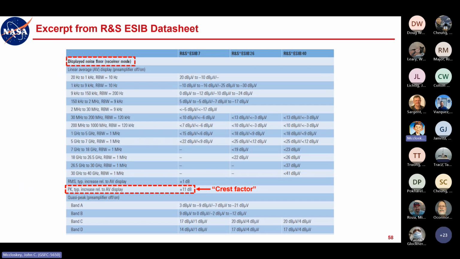DANL is what I've seen it as in some other data sheets. I don't know if they use that term quite so much anymore, but they typically are displaying it as average or RMS values. But right here, they say peak, typical increase relative to average display is plus 11 dB, crest factor. They don't give you any explanation for where that comes from, but that's the crest factor.